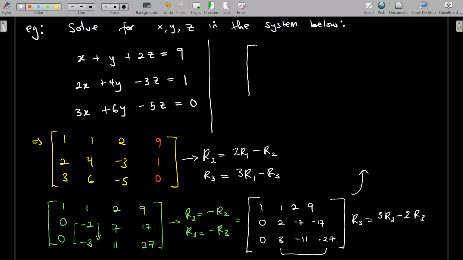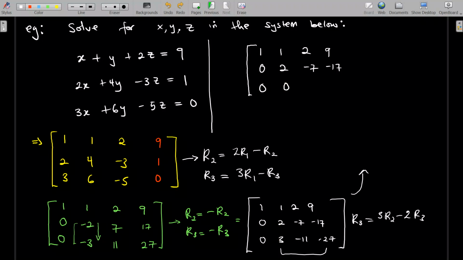I'm going to have 1 1 2 9, let me put it here, 0 2. We didn't actually do anything to the other one, and then this will give me 0 because 3 times 2 is 6 minus 2 times 3, and that is also 6, so I'm going to get 0.